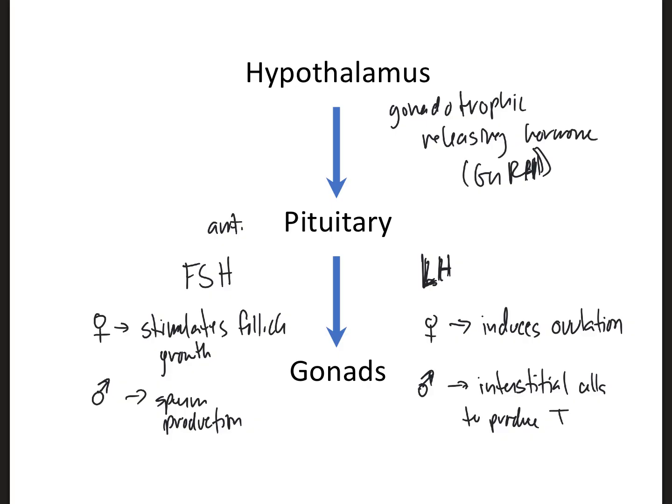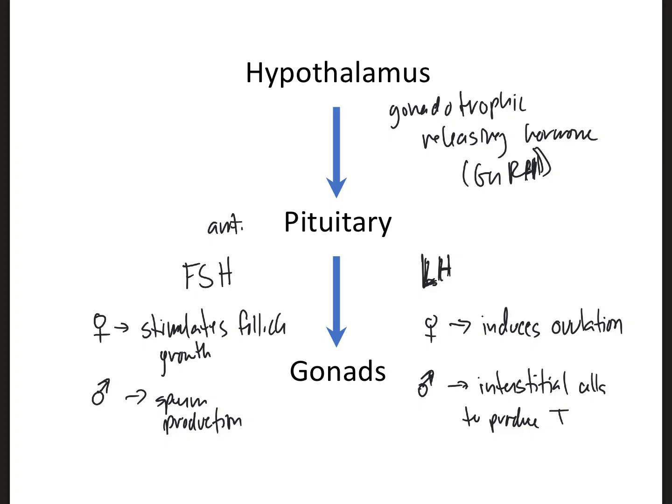So if we think about the hypothalamic pituitary axis, the endocrine control of the reproductive system, how does this control the reproductive system in females? Well, GnRH controls release of LH and FSH. LH will induce ovulation, and that's necessary for release of the oocyte, and that's important for reproduction.